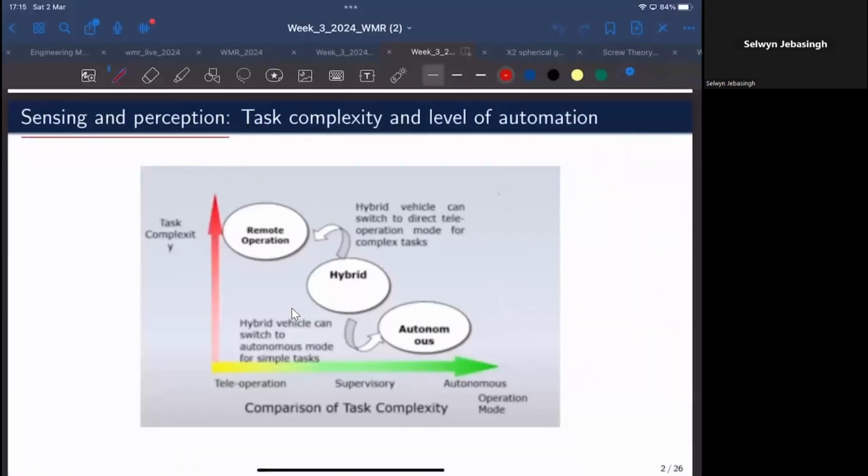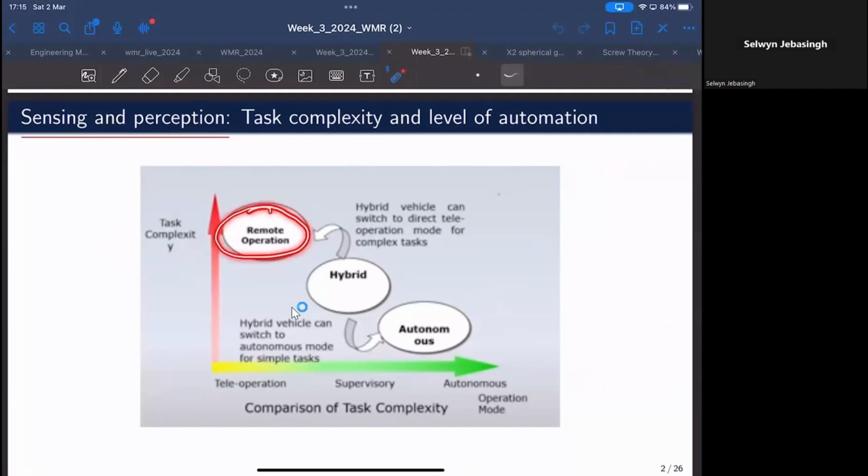Should I share my screen? Is it visible? No, sir. Okay, 1 second. Yeah, see, right? So here, task complexity is high, and this is where remote operation is.